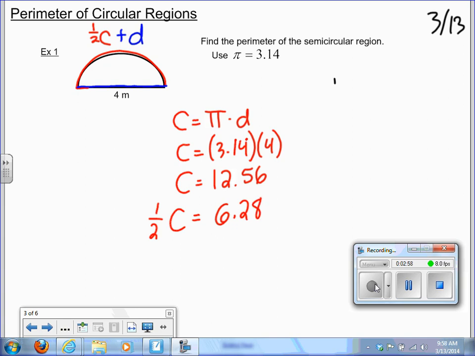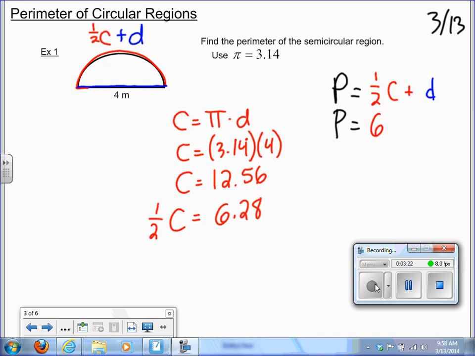Now, if I want my perimeter, we already said we have to take our halves of the circumference and add on the straight side, because those two sides make up the whole shape. So we're going to take half of the circumference plus the diameter. You can fill in those values for me. How about Christian? Okay.